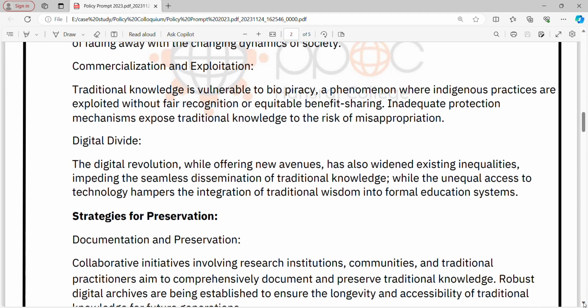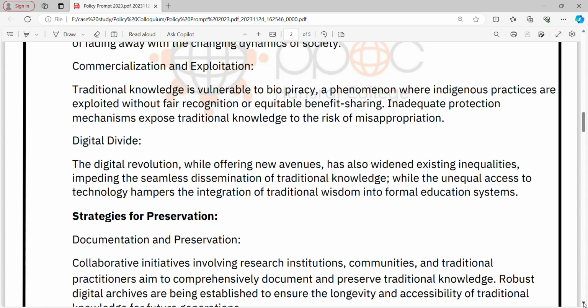Second, commercialization and exploitation. Traditional knowledge is vulnerable to biopiracy, a phenomenon where indigenous practices are exploited without fair recognition or equitable benefit sharing. Inadequate protection mechanisms expose traditional knowledge to the risk of misappropriation.